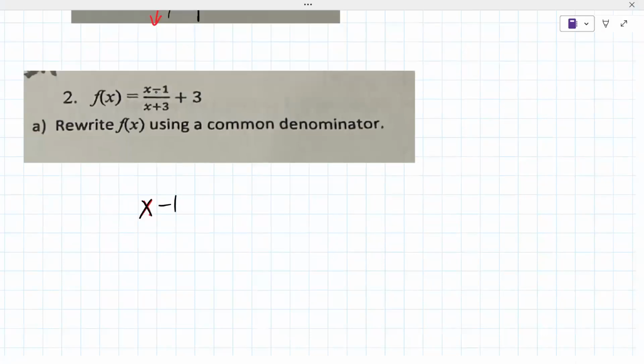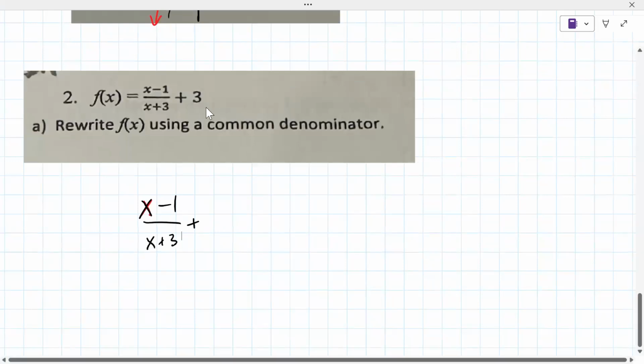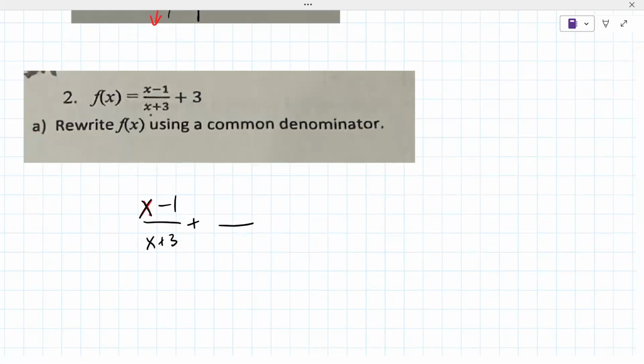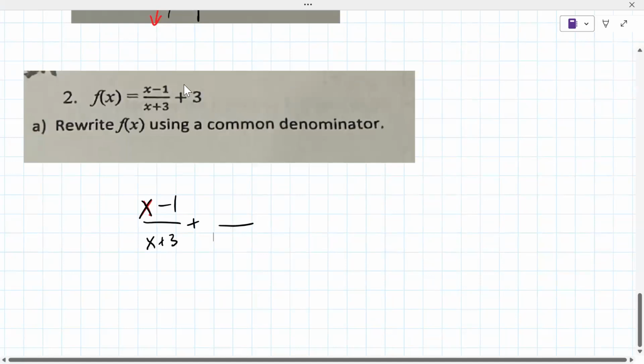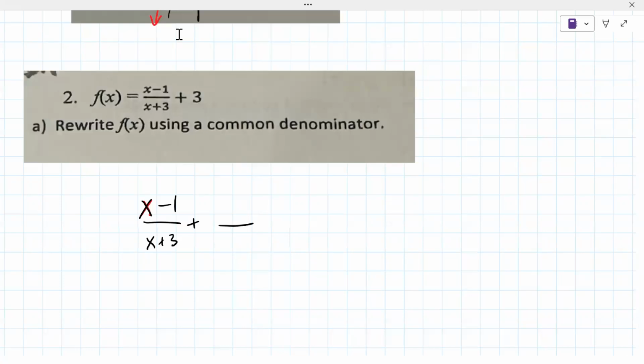How do you write the number 3 as a fraction? We just did it in the previous problem. There's nothing different. I'm asking you because you didn't know the answer last time, so I'm hoping you'll eventually know how to do this.